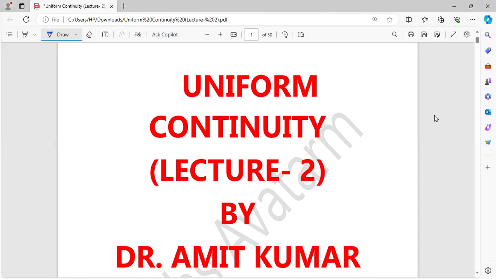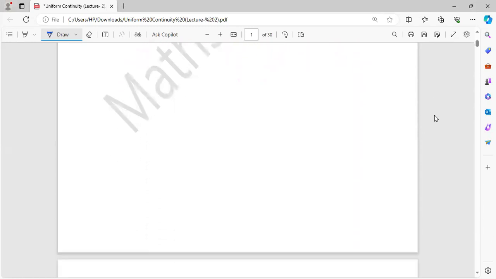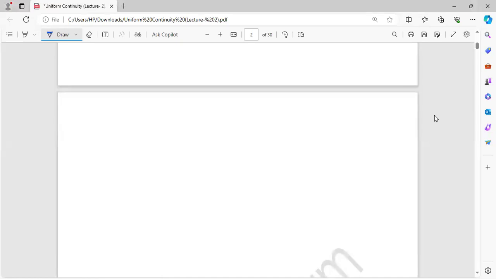By using them, we showed that some functions are uniformly continuous, like sine, cos, sine square x, cos square x, and the mod function.